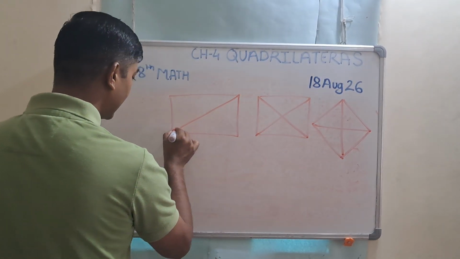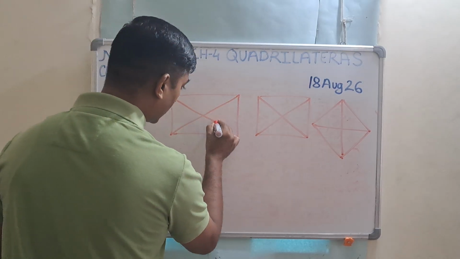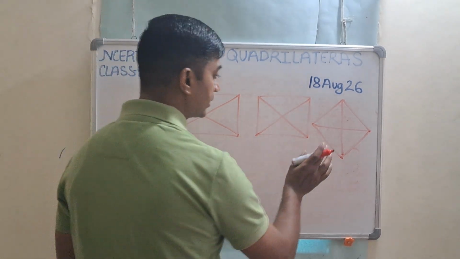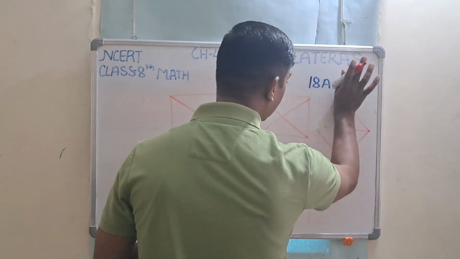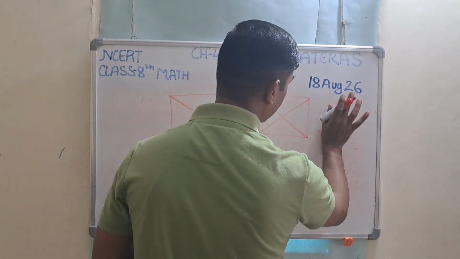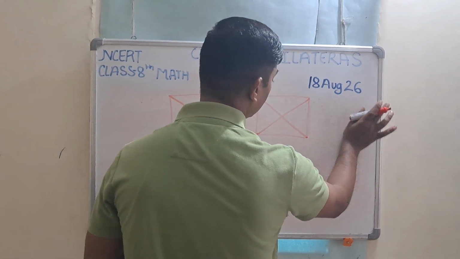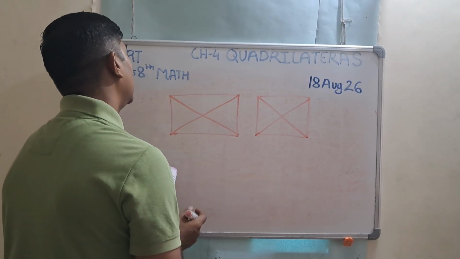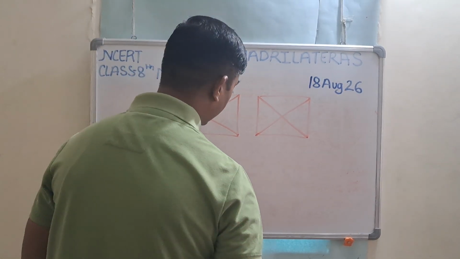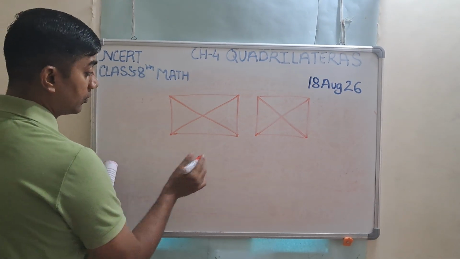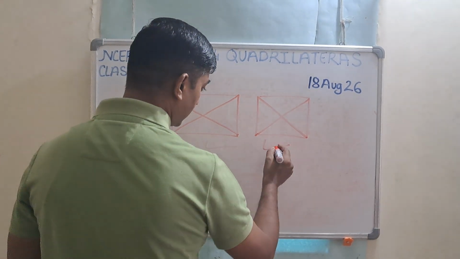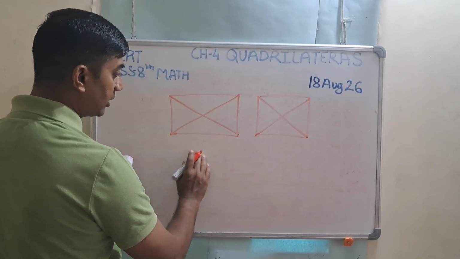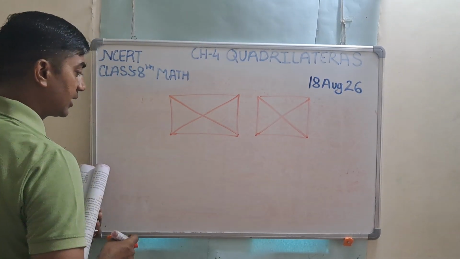Understood? And they are of equal length also. Sorry, in case of rhombus, they are not equal length. So that figure is not must be a square, may be a square, because it may be a rectangle.